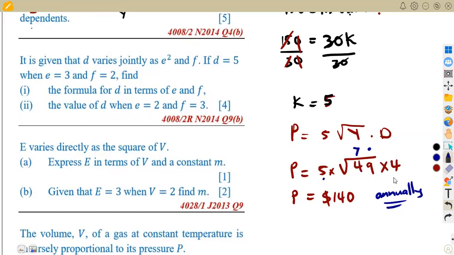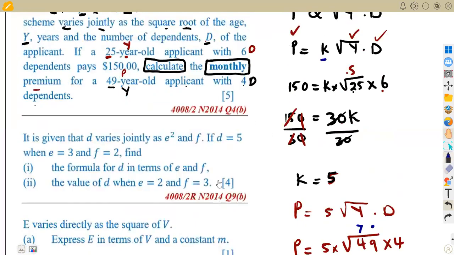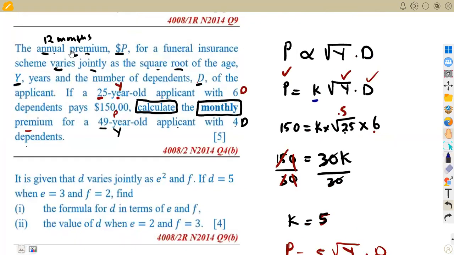All right. But the question was for us to find, when this person is paying monthly, what is going to be the monthly part, not the annual. Why am I saying it's annual? Originally, P is an annual premium, which means you're talking about 12 months.